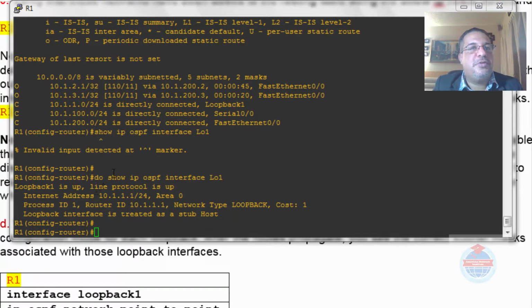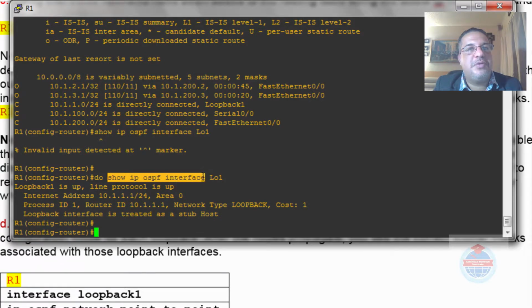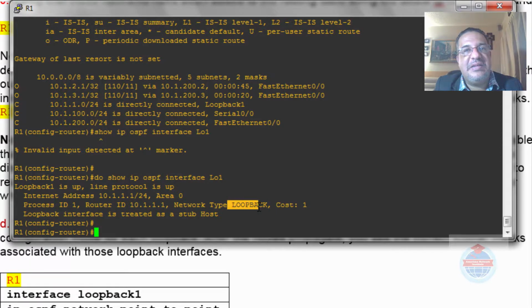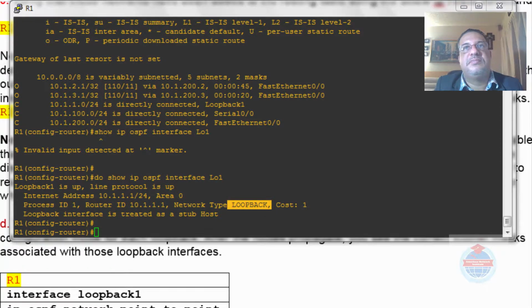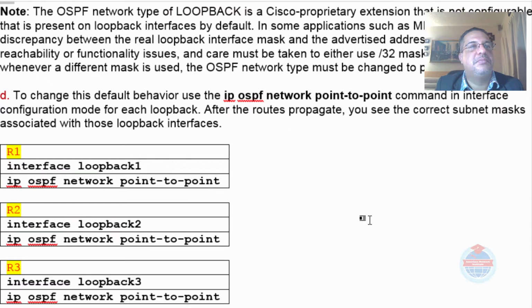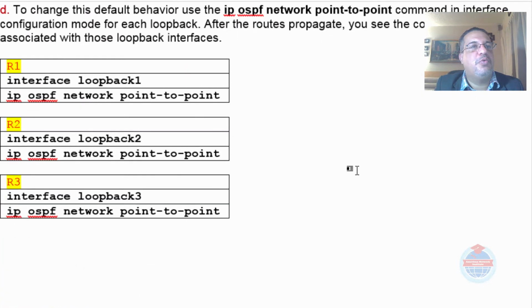What we see over here in show IP OSPF interface is that it is advertising the loopback, and it's not advertising the network mask. So let's start fixing that situation right now, guys. We're gonna change that behavior right now.